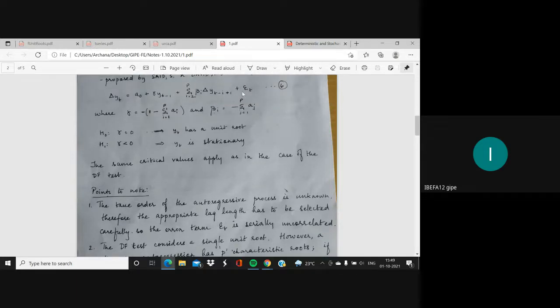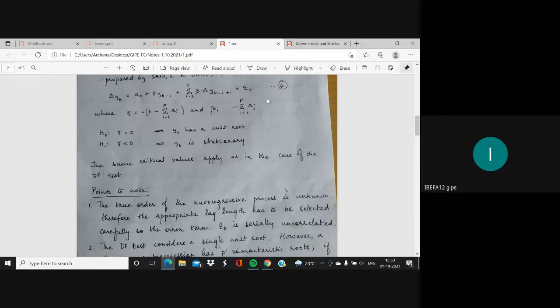And while selecting the lag length itself, there are different procedures which are recommended. One thing you can do is select the lag length based on criteria like the AIC, SBC, and so on. Otherwise, other economists recommend that you choose a very long lag length and estimate the model.